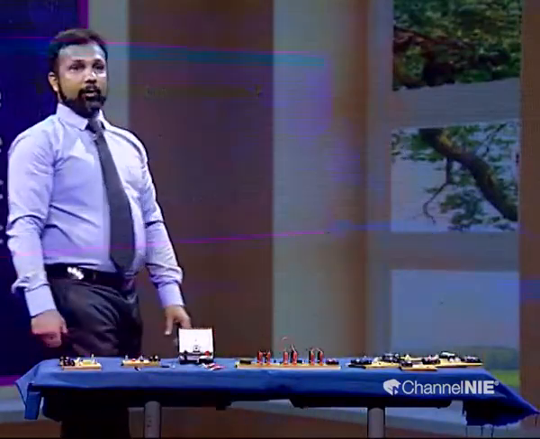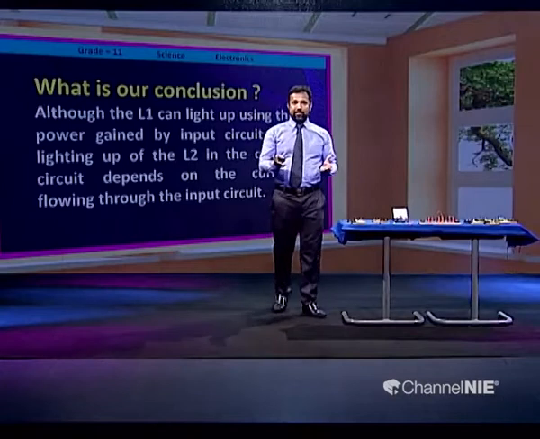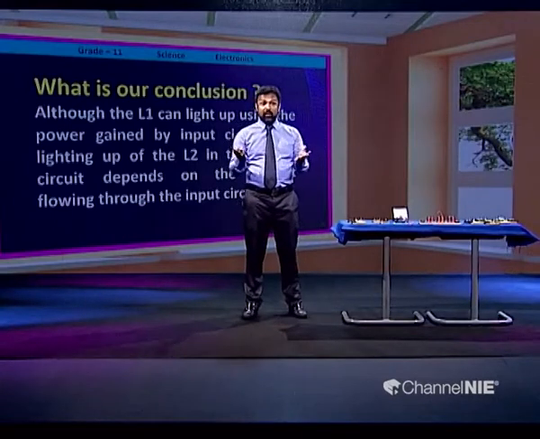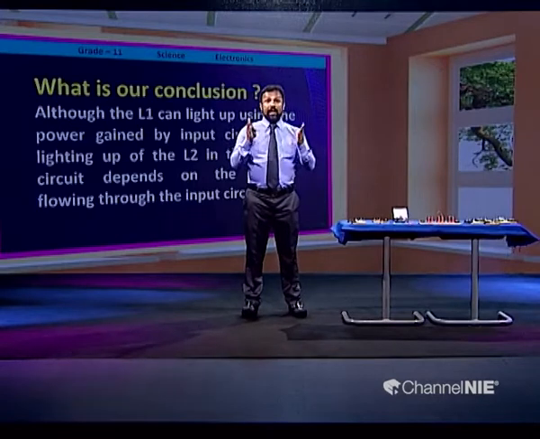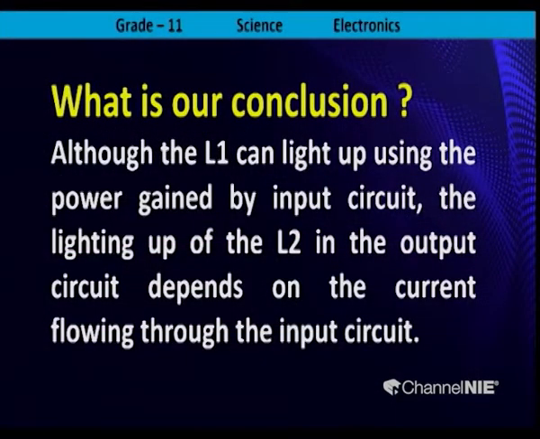Then, according to these activities, what is our conclusion? Although the L1 can light up using the power gained by the input circuit, the lighting up of the L2 in the output circuit depends on the current flowing through the input circuit.